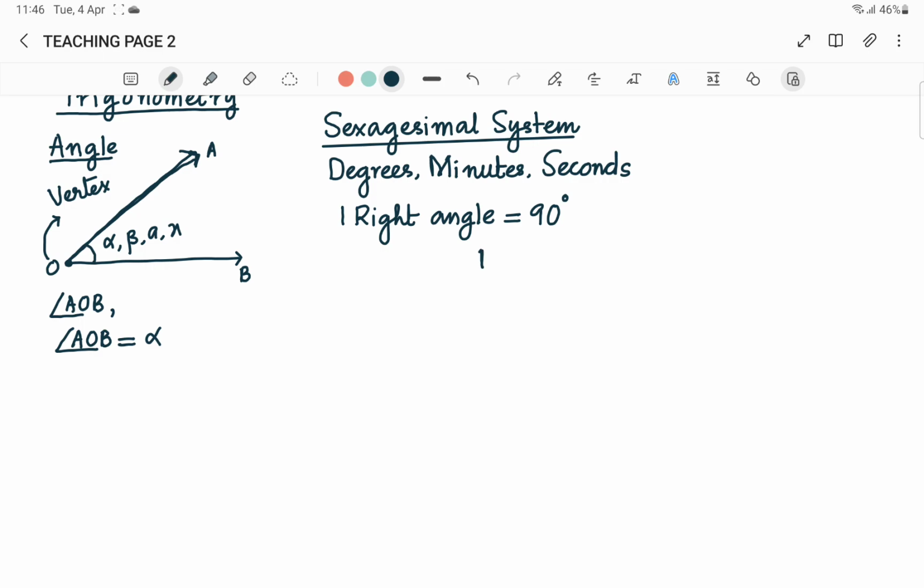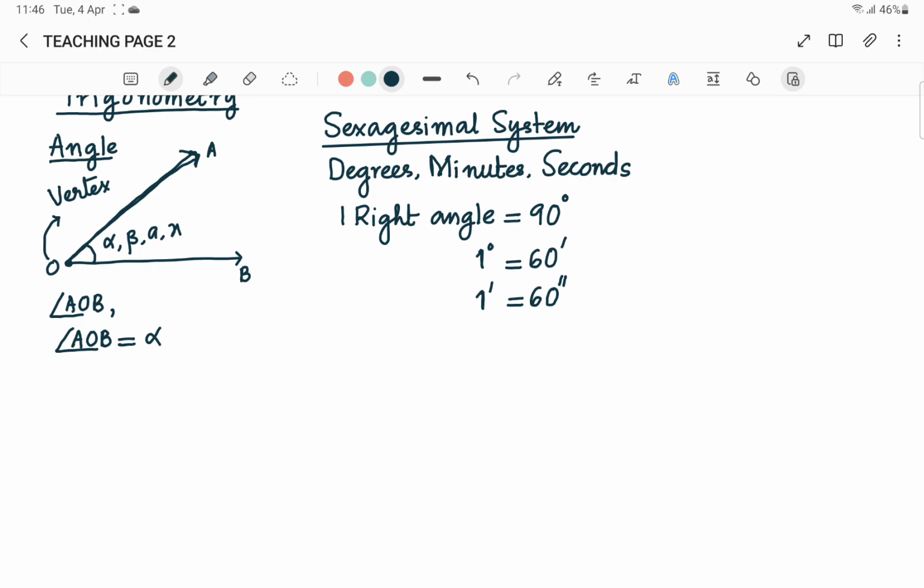And 1 degree is again divided into 60 equal parts and each part is called a minute. And 1 minute is again divided into 60 equal parts and each part is called a second.